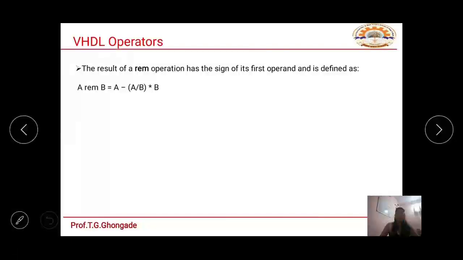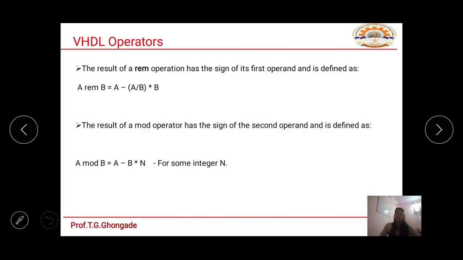Now the result of a remainder operation has the sign of its first operand and is defined as a rem b equals a minus (a/b) times b. And the result of the modulus operator has the sign of the second operand and is defined as a mod b equals a minus b times n, for some integer n.